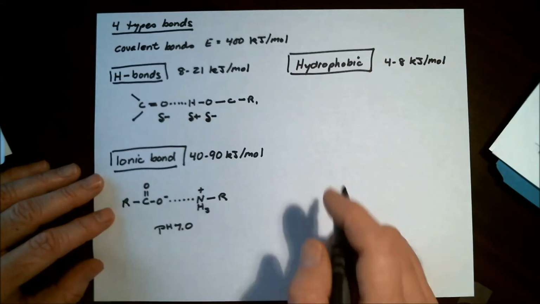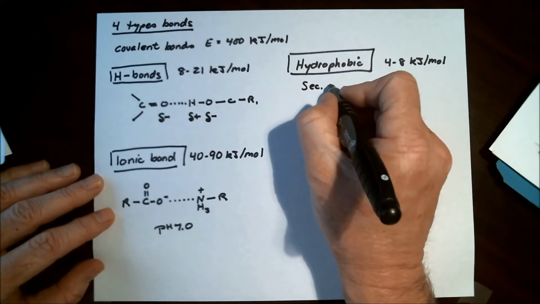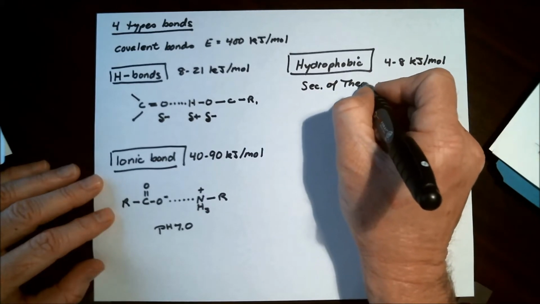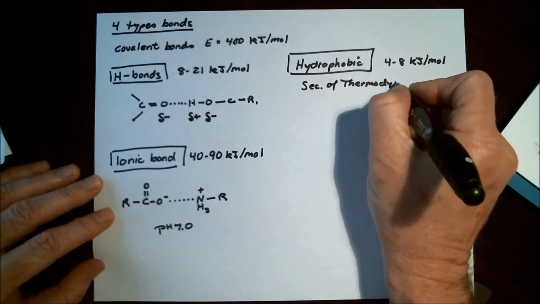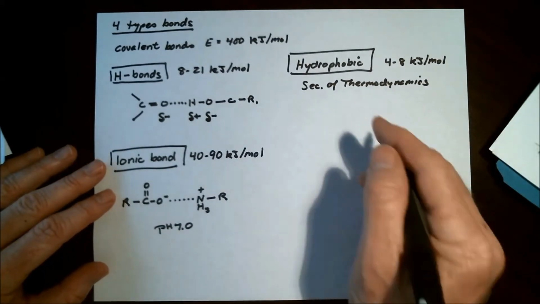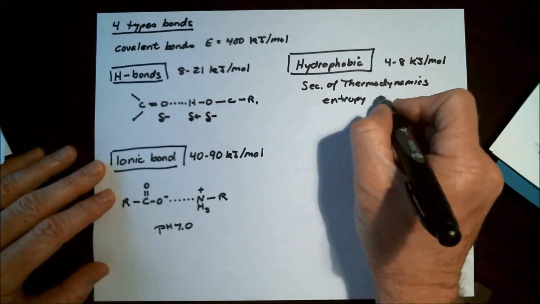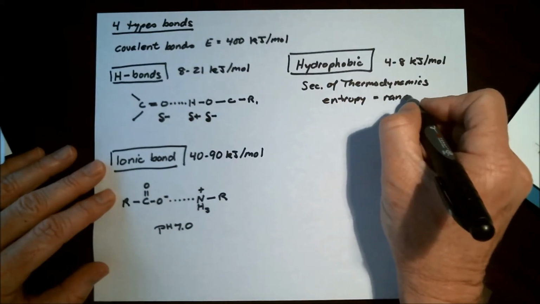So the principle of hydrophobic bonding follows the second law of thermodynamics. This is the easiest way to explain this because we're looking at the concept of entropy or randomness.